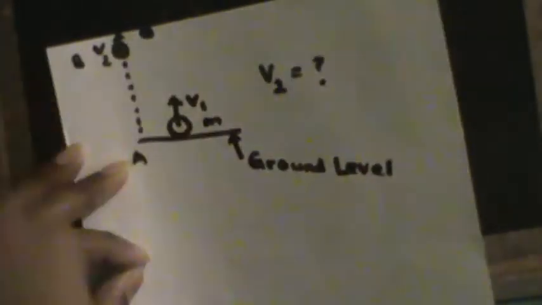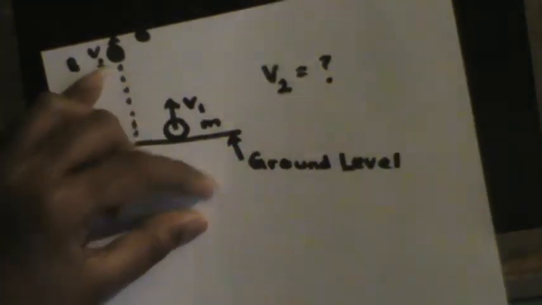So I'll take the velocity v1. So what actually happens is that I can put the conservation of energy from A to B, taking the motion from A to B. Alright.